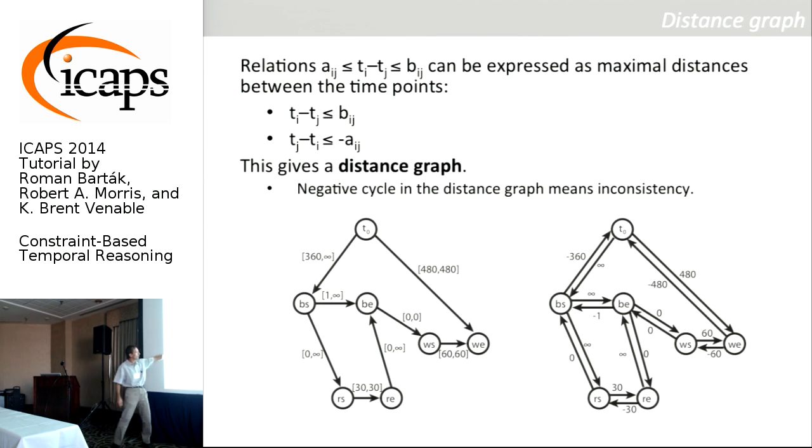So this is the original simple temporal network, and that's the distance graph for it. So you can see it has the same type of arcs, but they are oriented in both ways. So the minimum distance is going in the opposite direction with the minus symbol, and the maximum distance is here, right? And now we can use the Floyd-Warshall algorithm to compute all pairs shortest paths.